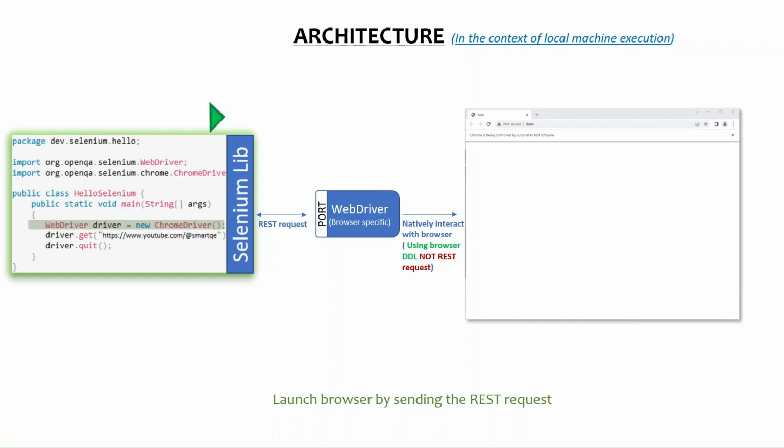And here comes the answer why WebDriver and browser need to be on the same machine. If you look at the interaction between WebDriver and browser, it is not based on REST requests, but instead WebDriver talks to the browser natively. It basically means through its DLL or APIs. Let's see what happens when step 2 executes.